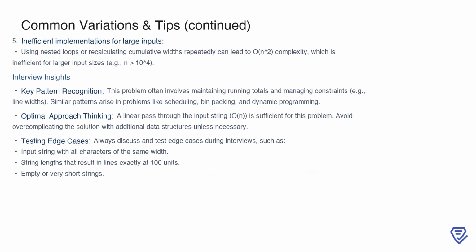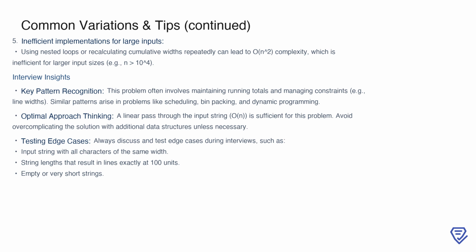Now, let's discuss inefficiencies and interview strategies. Inefficient implementations often arise from nested loops or recalculating cumulative widths multiple times, resulting in O(n²) complexity. This approach becomes problematic for larger input sizes, such as strings with more than 10,000 characters. Instead, a linear pass through the string, which ensures O(n) time complexity, is sufficient.